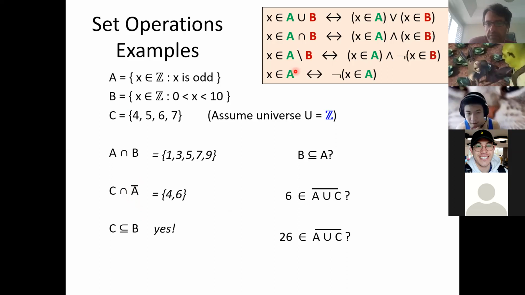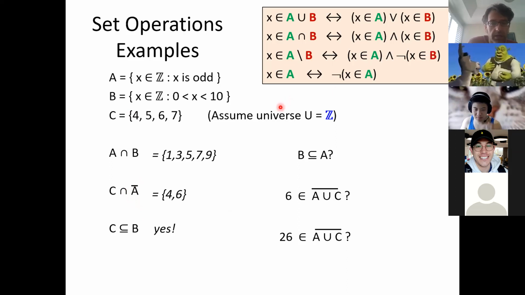Assume you'll be adding the missing part in the cheat sheet later. Yes, if I remember. Oh, I think I see what you did, because C has 4 and 6 and then intersection with the complement of A, which is even numbers. Yes, right. So that's why the only even numbers here are 4 and 6. And this here misses the complement sign.